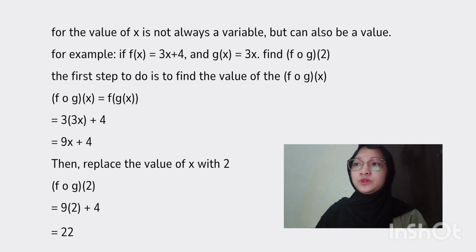The first step is to find f of g of x. f of g of x equals 3 times 3x plus 4, equals 9x plus 4. Then we must replace the value of x with 2. f of g of 2 equals 9 times 2 plus 4, equals 22.